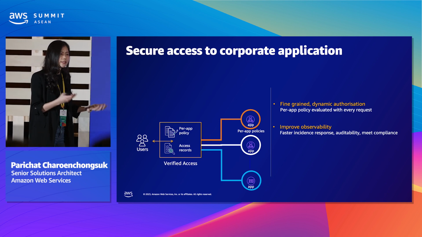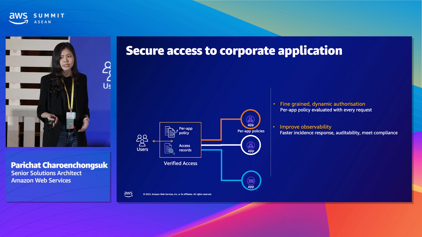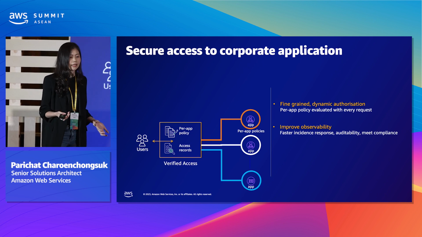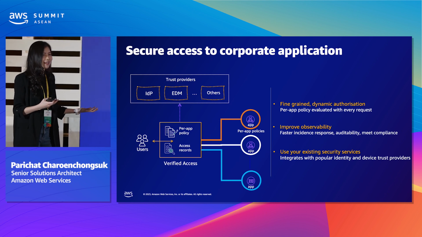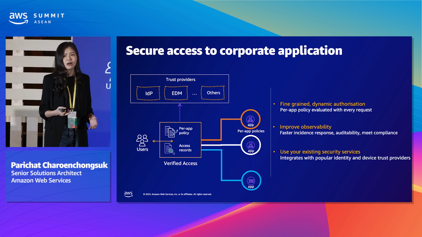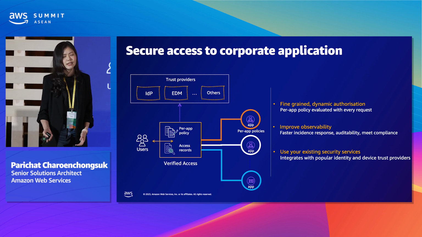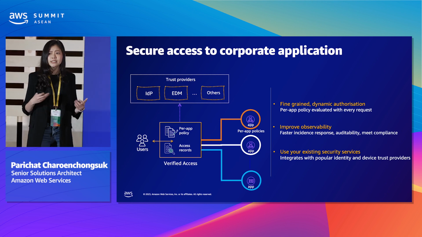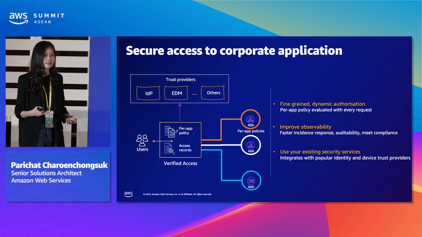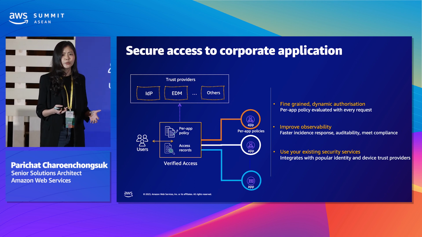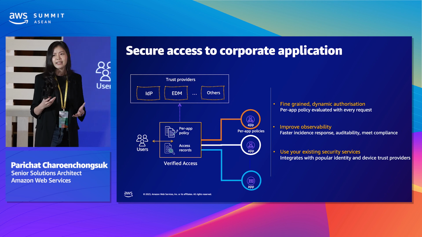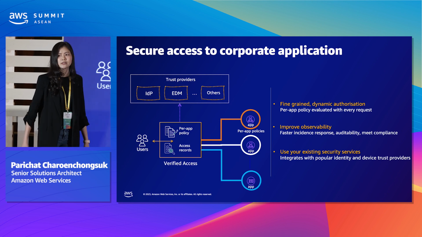So you can use this data for troubleshooting, audit, or compliance. Finally, we built Verified Access on an open ecosystem. That means you can continue to use your existing security services, and it simplifies integration between those security services.